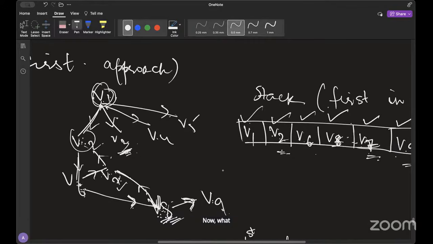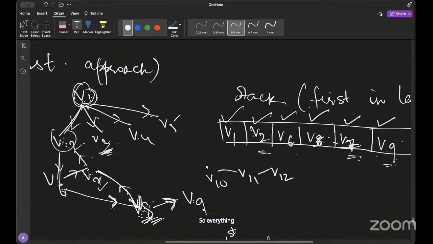Now, what happens if we had something like V10, V11, and V12 here? Let's say we had this thing too. Then this will get covered. So everything that gets visited from V1 would be one component, right? And then this one won't be a part of this component.